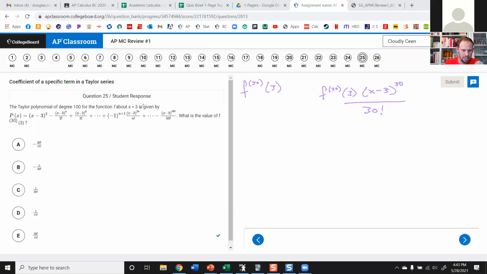But in order to get 30 up there, n actually has to be 15. So that's the trick: we're plugging in 15 for n. So we're getting -1 to the 15 plus 1, so that's 16. We're getting x minus 3 to the 30th, and just a 15 factorial down there.